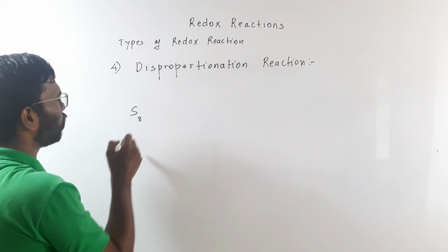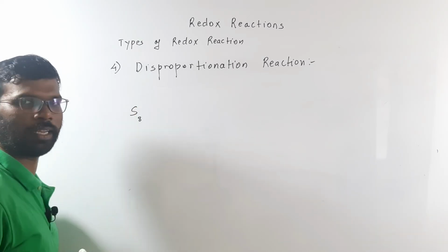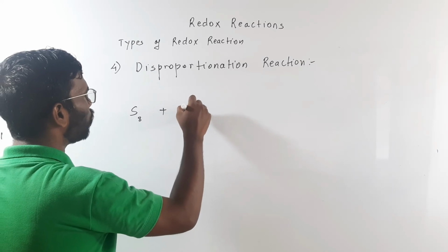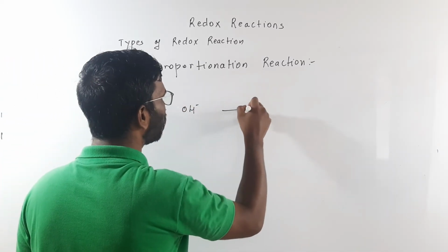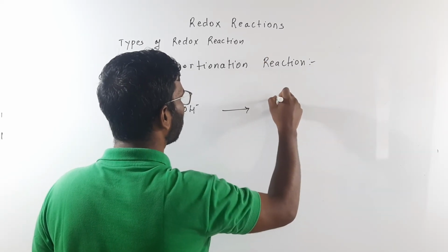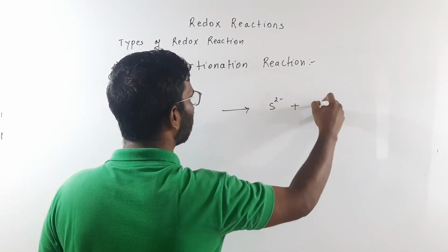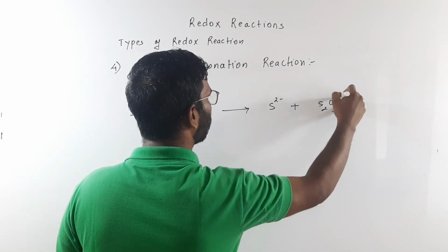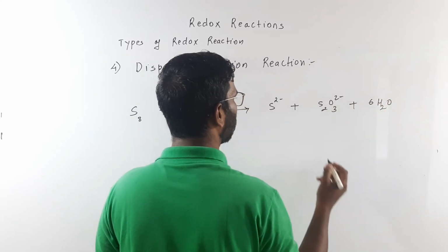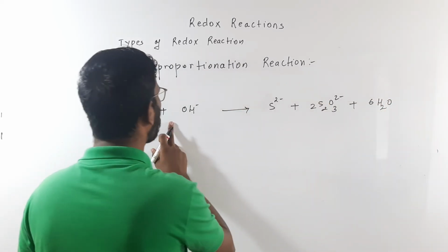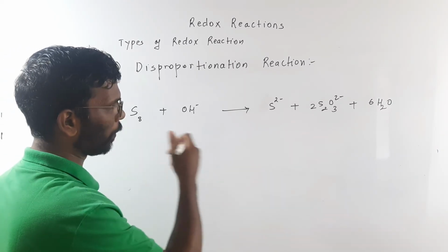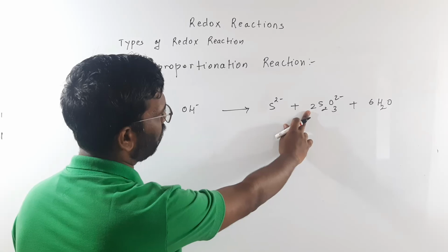One of the allotropes of sulfur exists as S8. Let's react this with a base. What it gives is S2- ion and S2O3 2- ion.